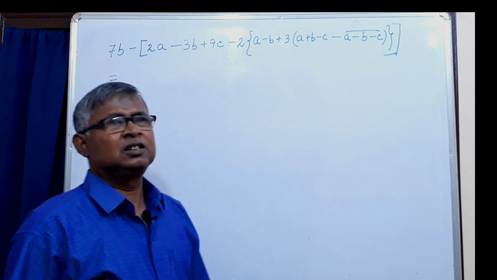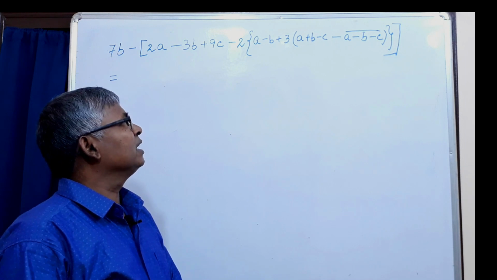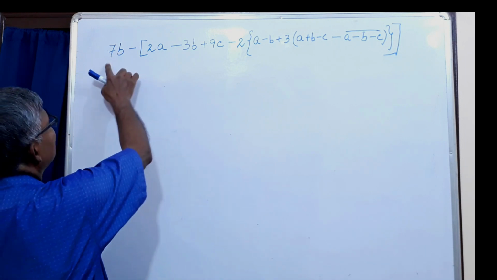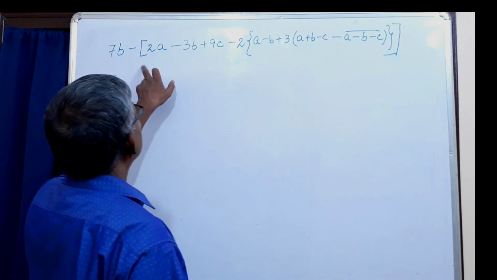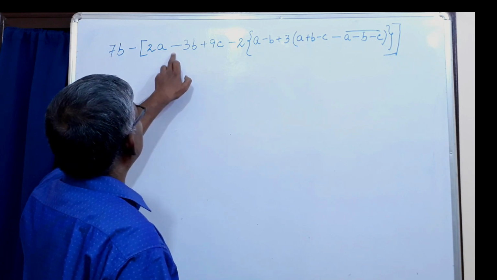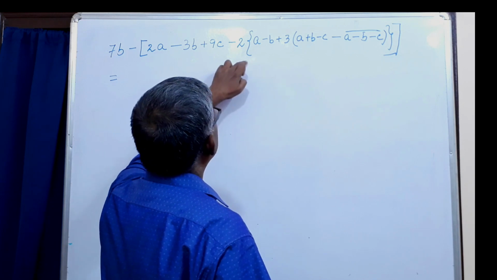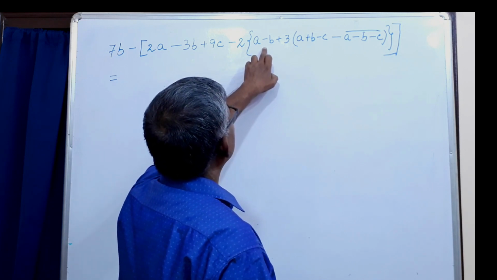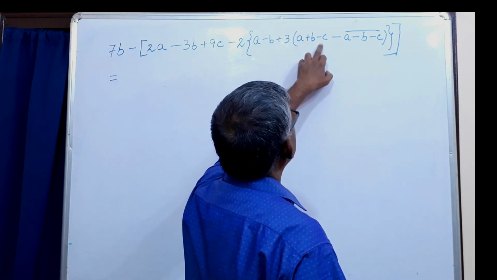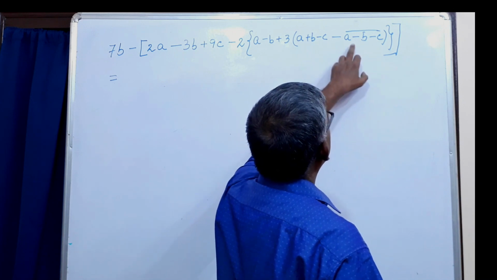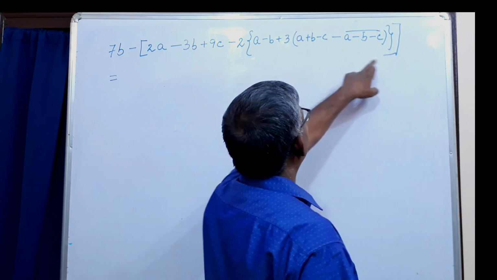That is, it will be complex one, and here you see 7b minus box bracket, 2a minus 3b plus 9c minus 2 into braces or curly bracket, a minus b plus 3 into first bracket or round bracket, a plus b minus c minus line bracket, under the line bracket a minus b minus c, and then all the brackets are closed.